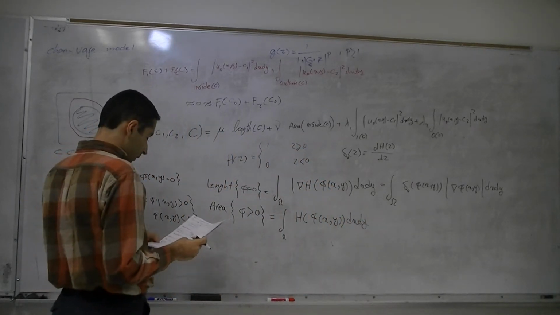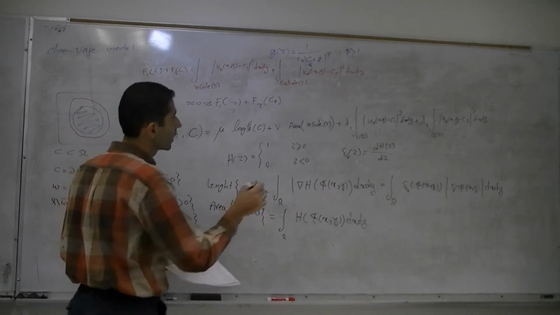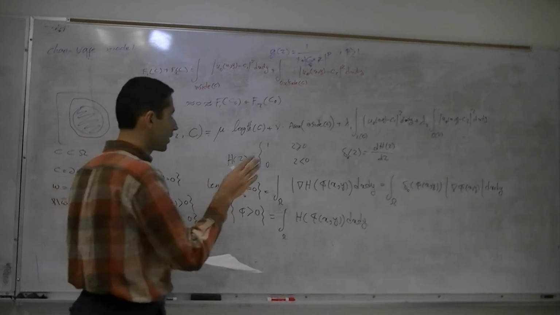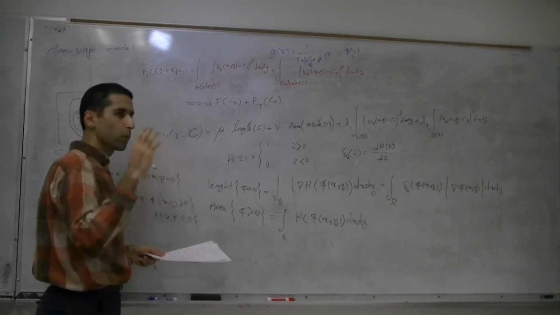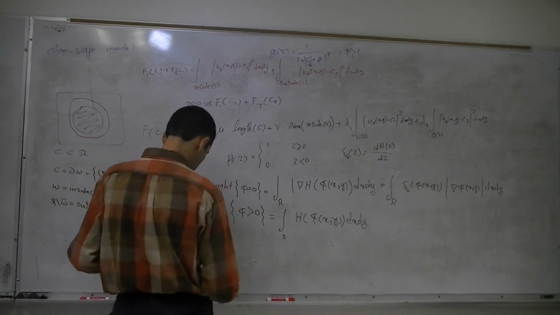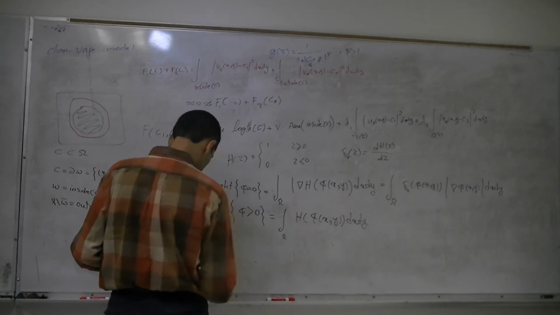And for this term, finding the similarity of points inside the curve, we have the integral where phi is bigger than 0.